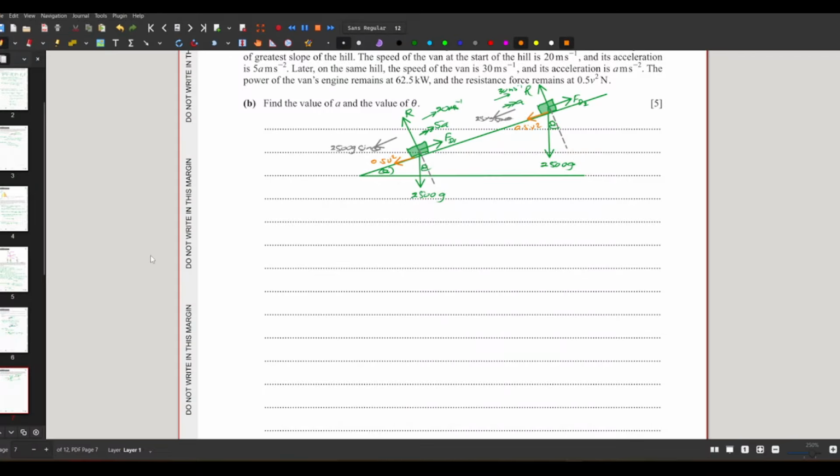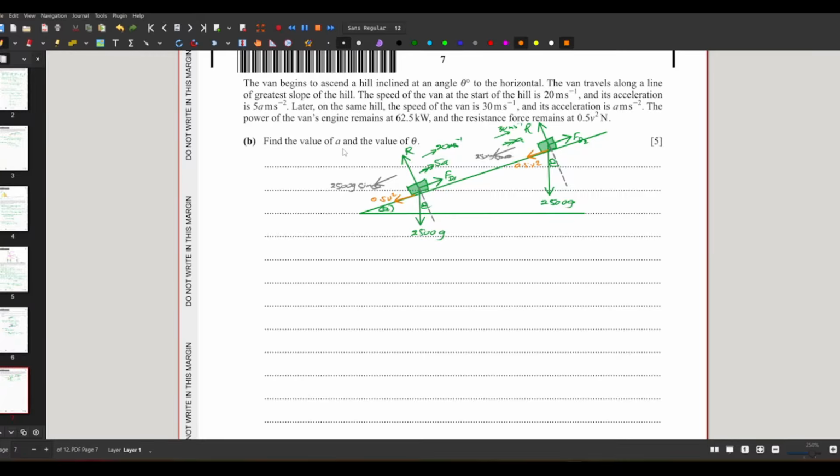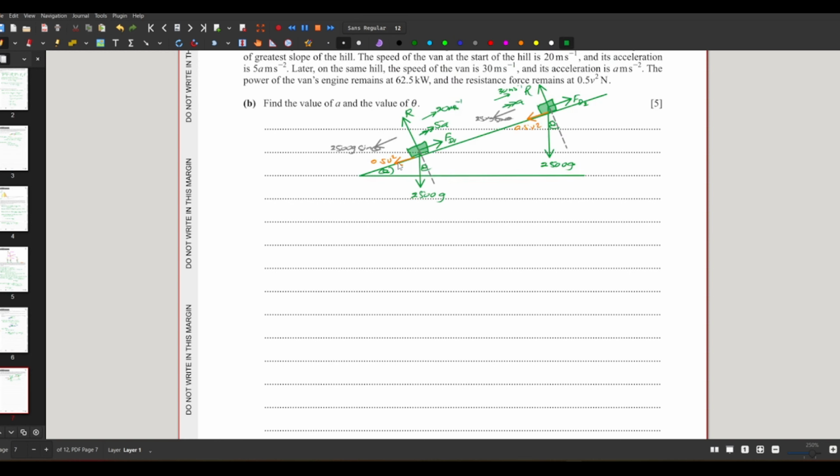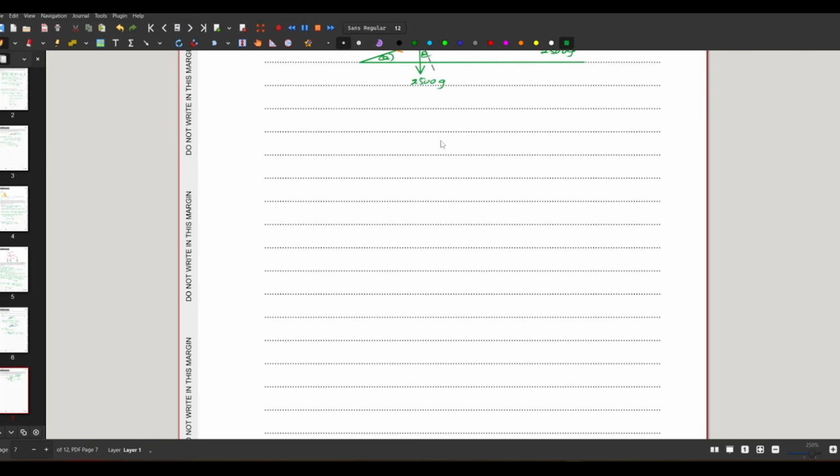Now we need to find two variables, a and theta, so we have to have two equations. Okay, so we can consider the beginning, at the start of the hill.